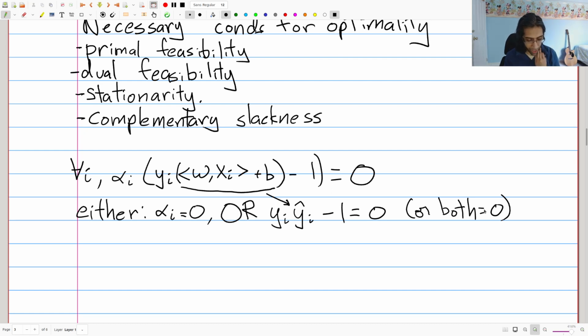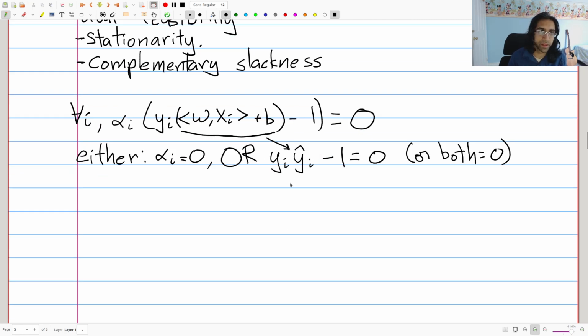So why is this nice? Because it will tell us the value of the dual variables in terms of a very nice geometric picture. What does it mean when 1 minus yi times yi hat is equal to 0, when we have this condition satisfied?